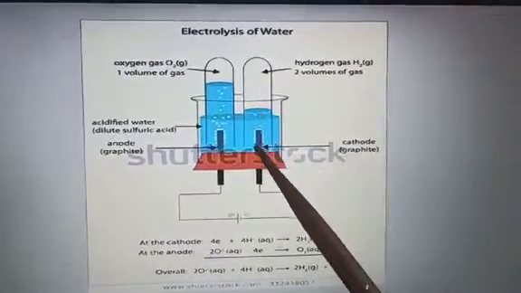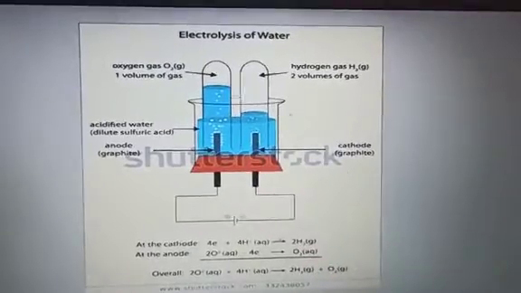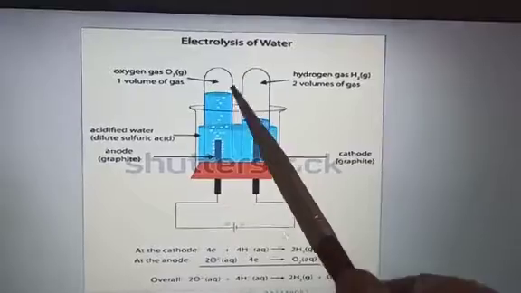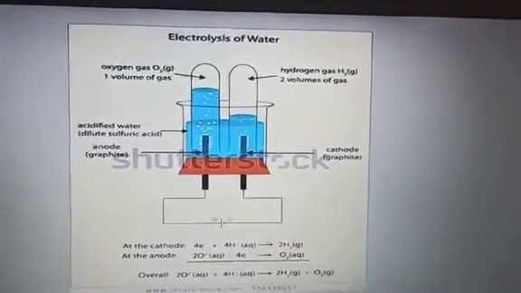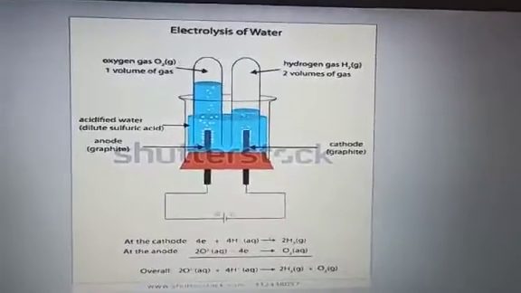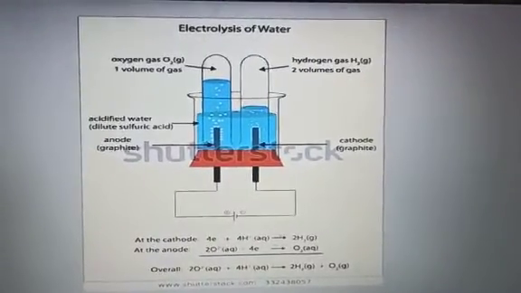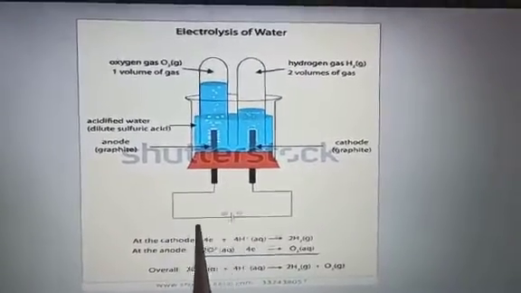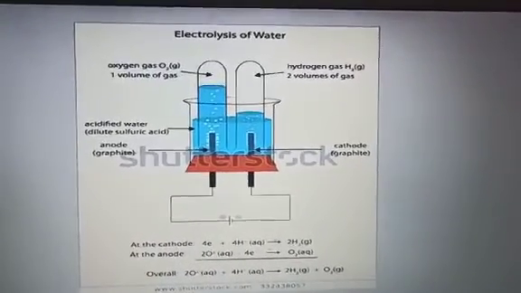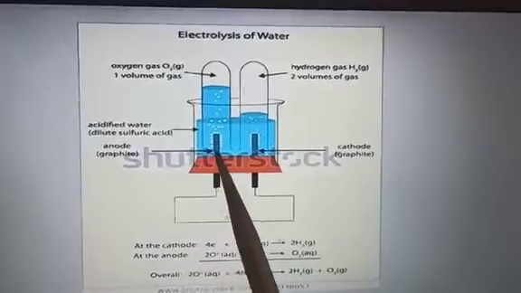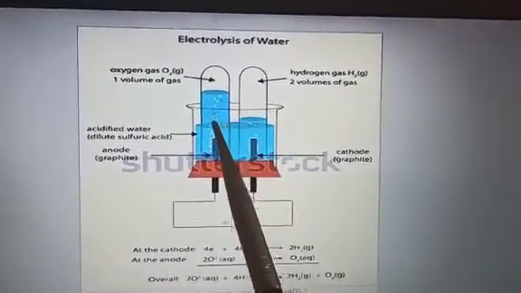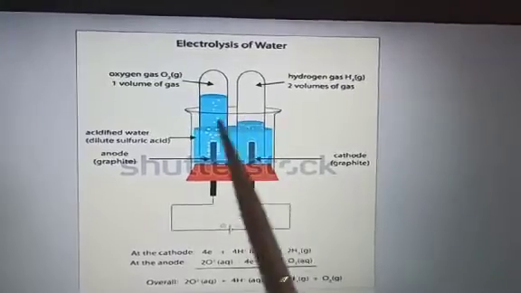Two test tubes are inserted, inverted over these two electrodes, because in these test tubes we will collect the gases, hydrogen and oxygen. On passing the current, you can see these bubbles. These bubbles are of the gas, and they displace water and move up.